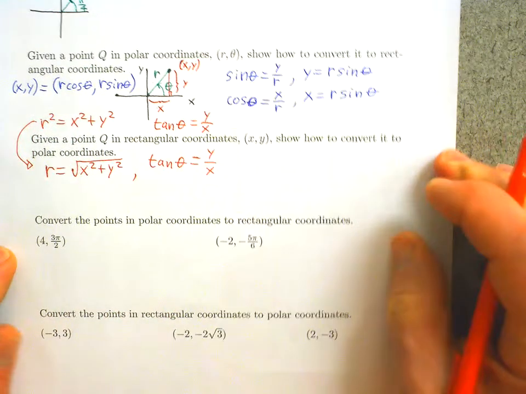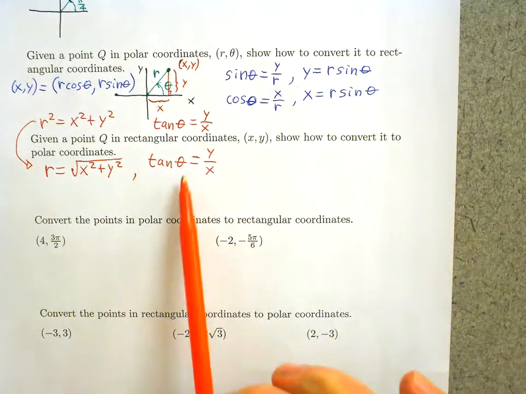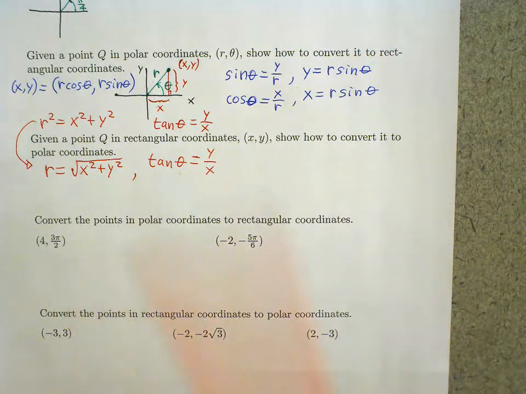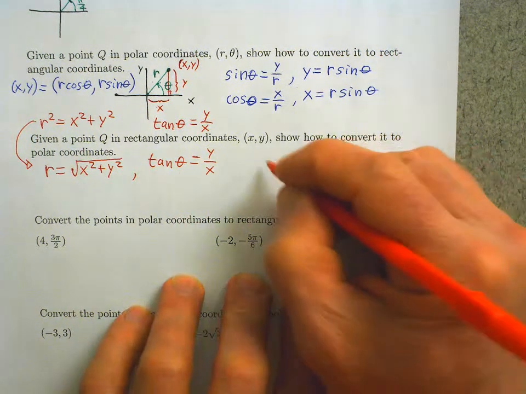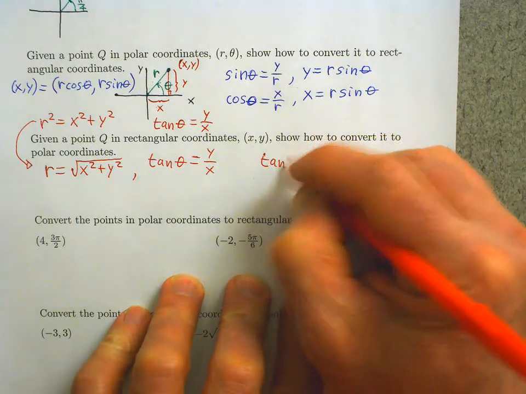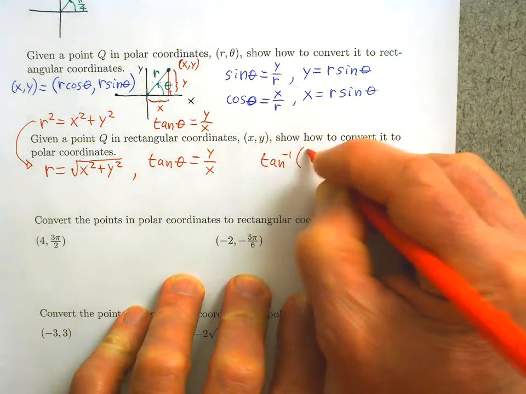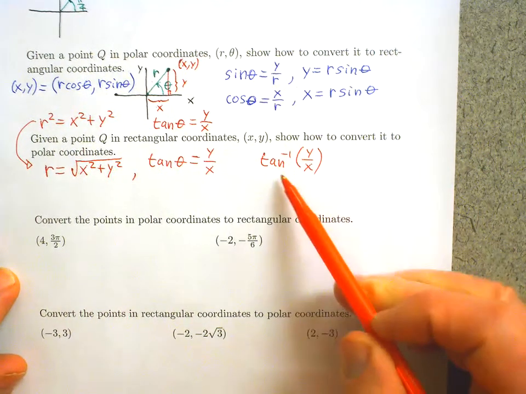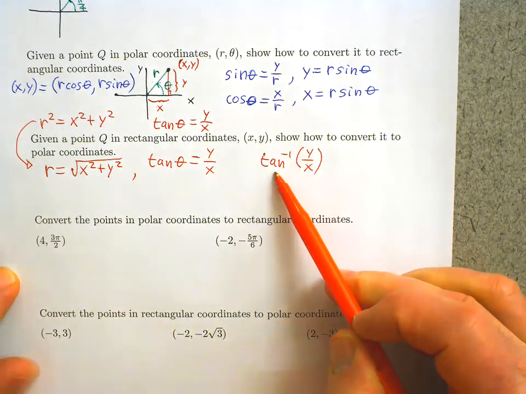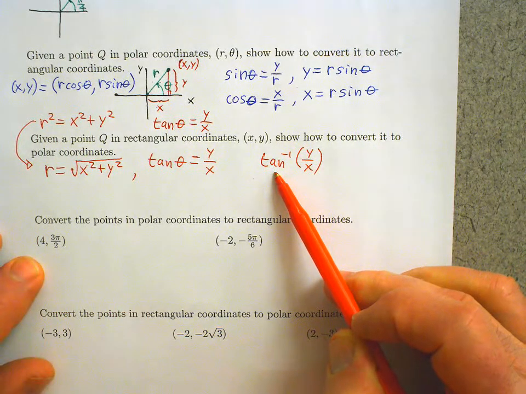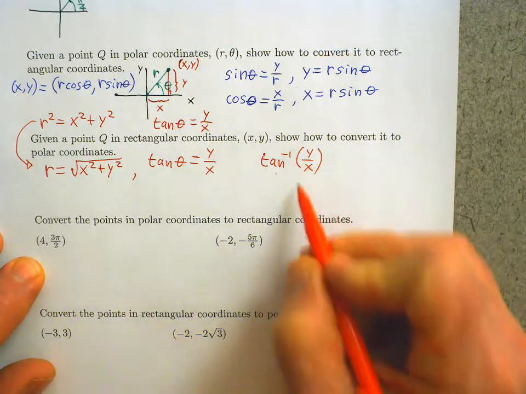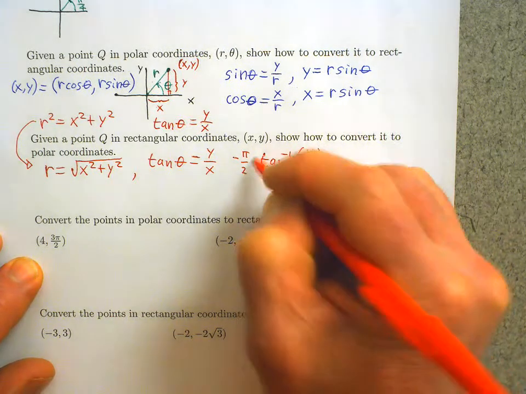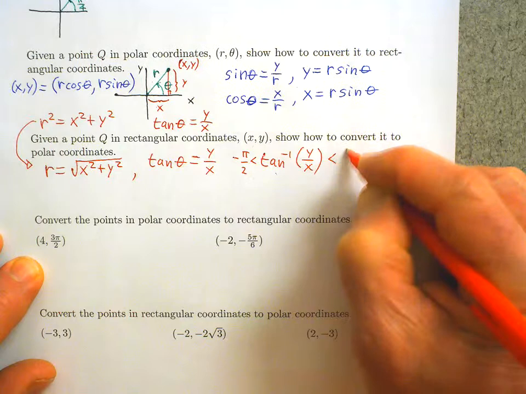We do have to be careful, though, when we're looking for theta, because the inverse tangent of y over x, remember what the range of inverse tangent is. The range of inverse tangent is between negative pi over 2 and pi over 2.